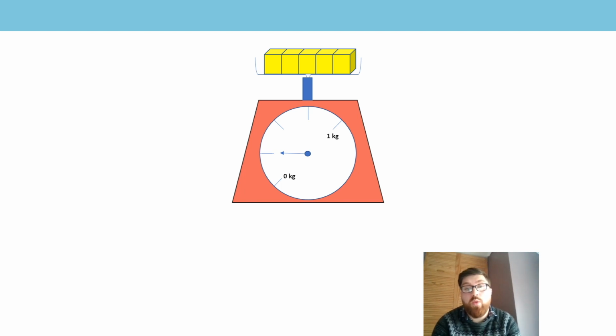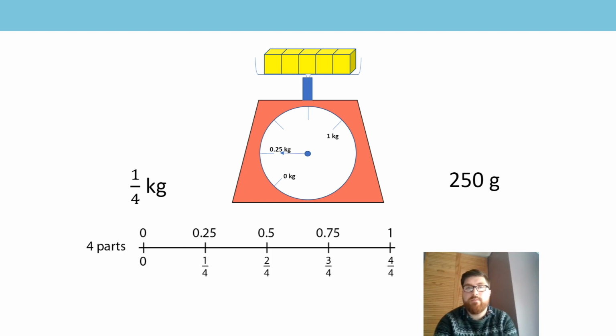Now we know that 1/4 is greater than 1/5, so that must mean that the decimal equivalent is also greater. So we have 1/4 of a kilogram, which could also be read as 0.25 kilograms or 250 grams. Fantastic. And there it is on our horizontal number line also.